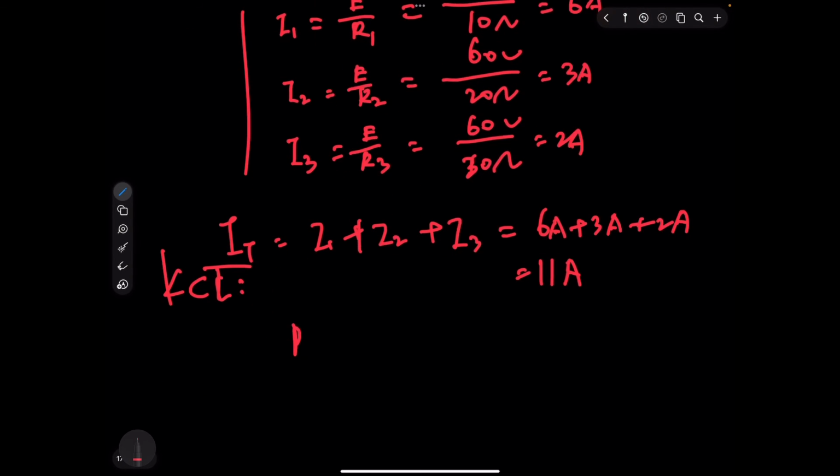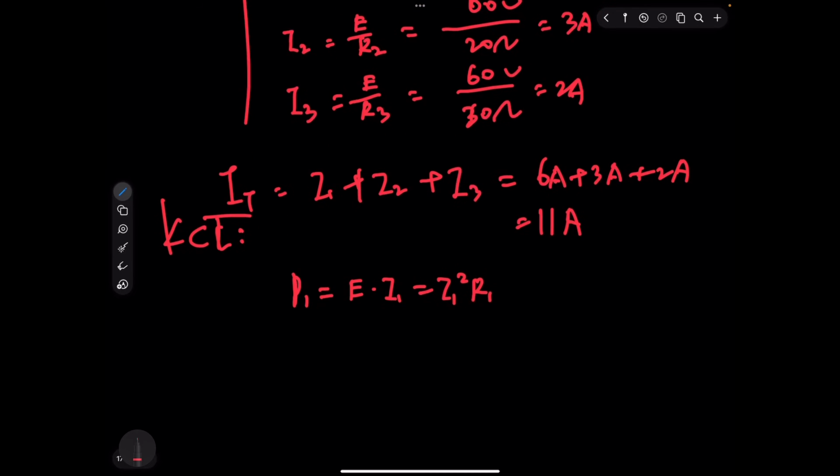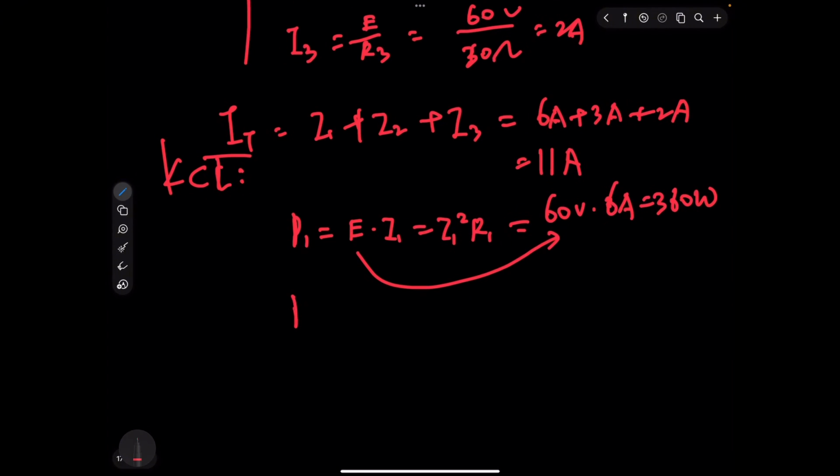Now we need to get the power. P1 equals E times I1 equals I1 squared R1. If we use this formula here, E equals 60 volts times 6 amps, which gives us 360 watts. P2, same thing, E times I2 equals I2 squared R2. 60 volts times 3 amps equals 180 watts.